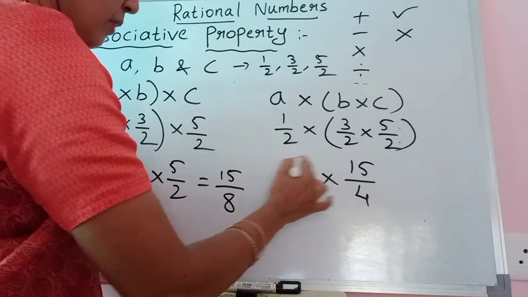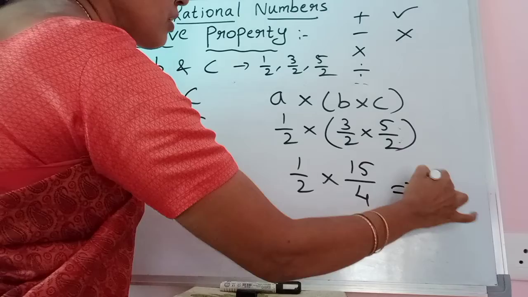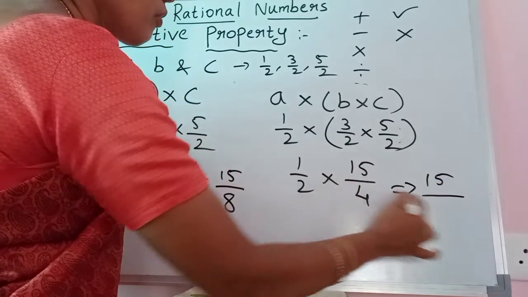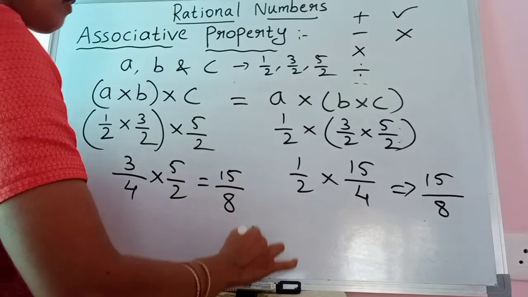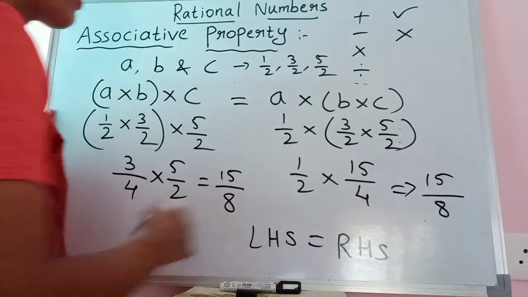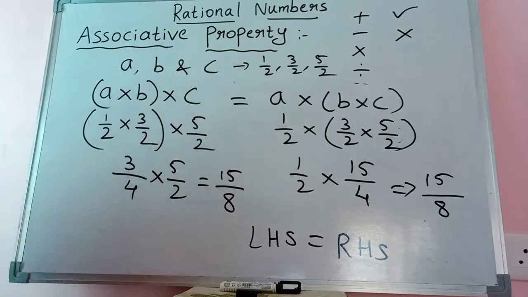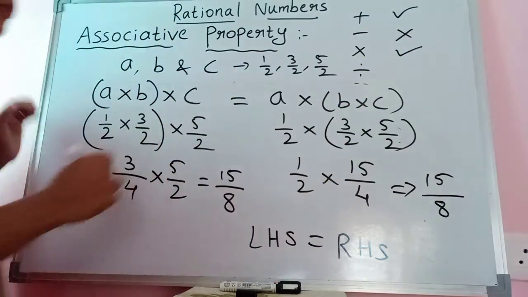Now multiplying numerators, 1 times 15 is 15, and 2 times 4 is 8, so 15/8. Yes, both are the same. The left hand side is equal to the right hand side. Therefore, we say that rational numbers have the associative property under multiplication.